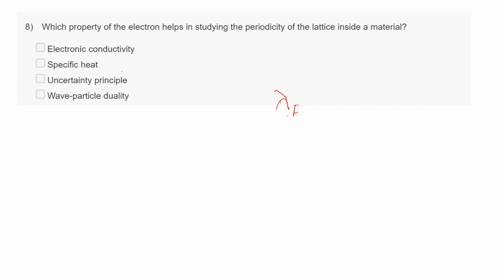You need the wave nature of the electrons, which will be interacting with that lattice. If the lambda f is of the order of the lattice spacing, then we'll get some kind of interaction. So basically it is the wave nature of the electrons. So the wave particle duality of the electrons helps us to study the periodicity of the lattice inside the material.